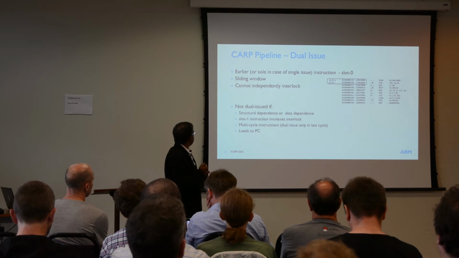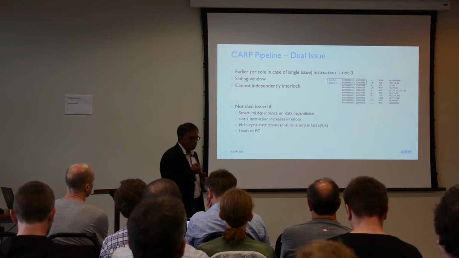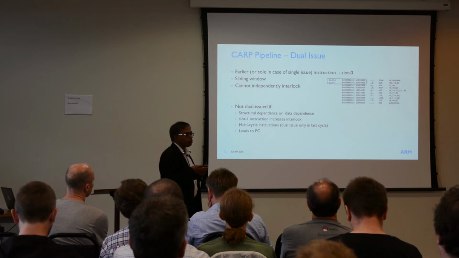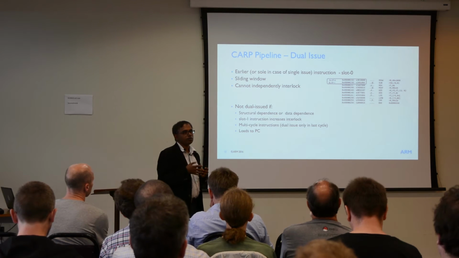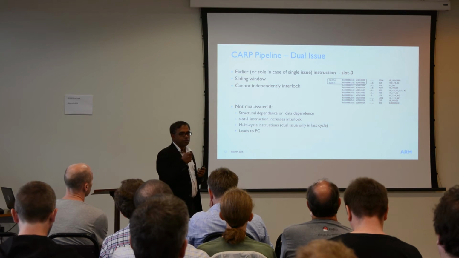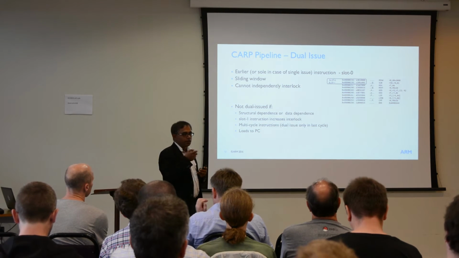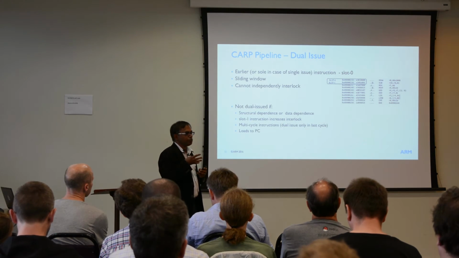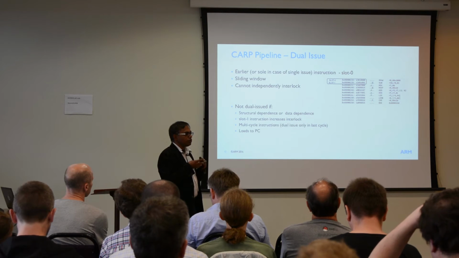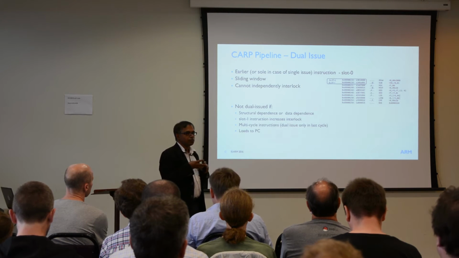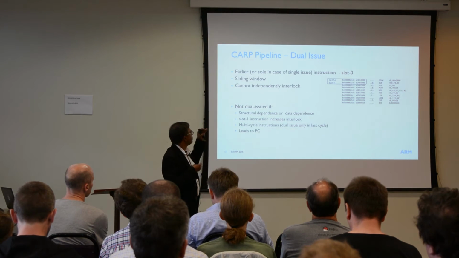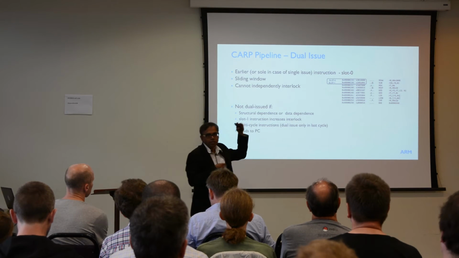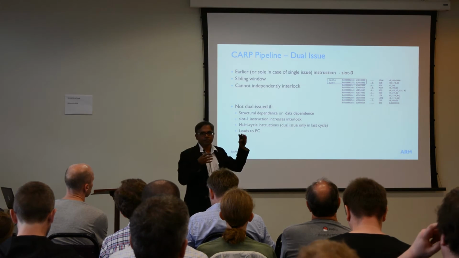One more feature I need to introduce before we have a full picture is dual issue. You have your program sequence, and instead of picking 1 instruction at a time and issuing it, it picks, let's say, 2 instructions or 4 instructions and wants to issue them together. For data dependency reasons, the first instruction is the one that has to issue first, and it says, yes, I can issue it.